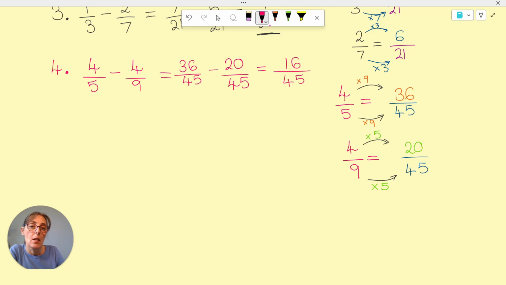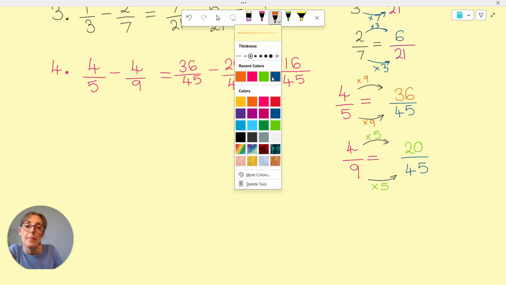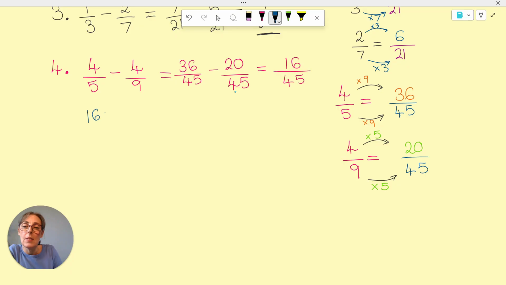Now, I don't think I can simplify that anymore because, let's have a look. The factors of 16 are 1 times 16, 2 multiplied by 8, and we've got 4 in the middle because it's a square number.